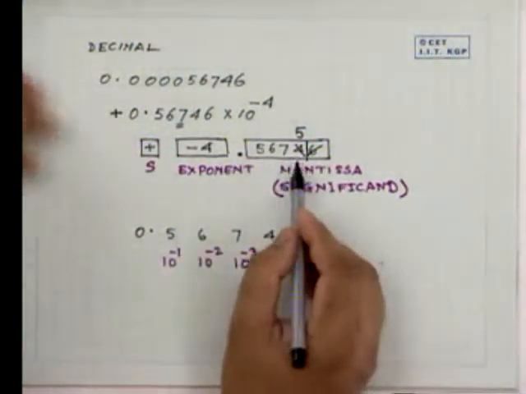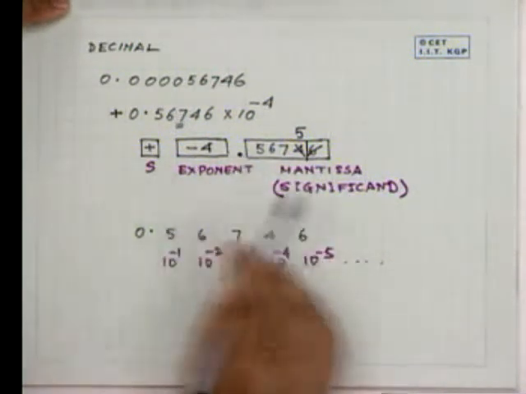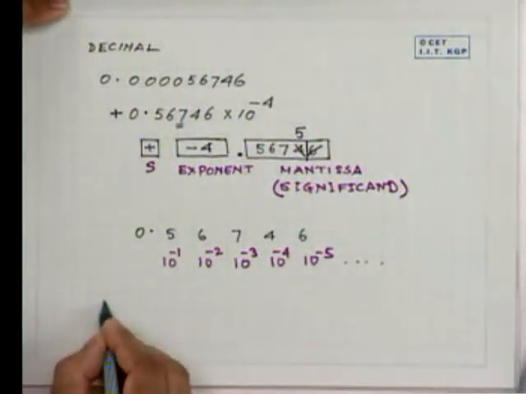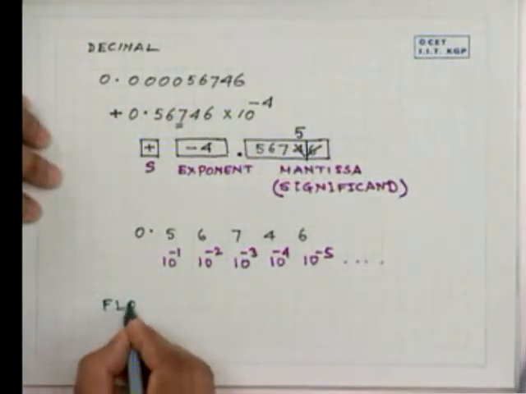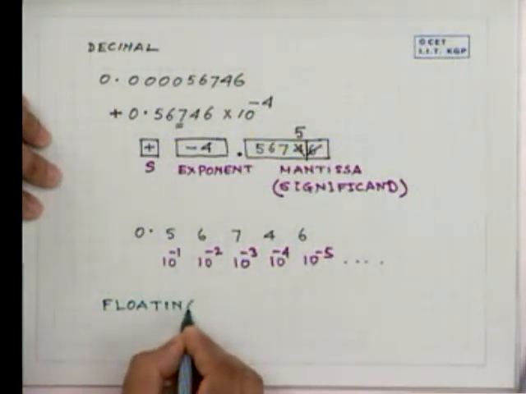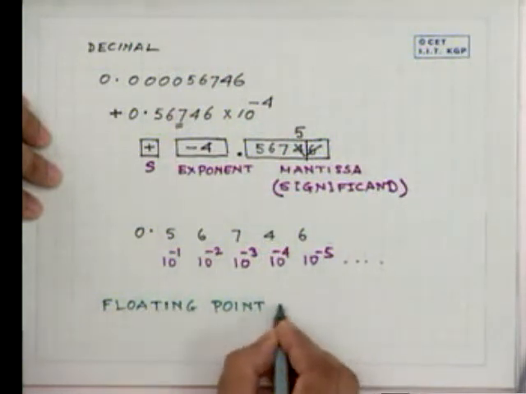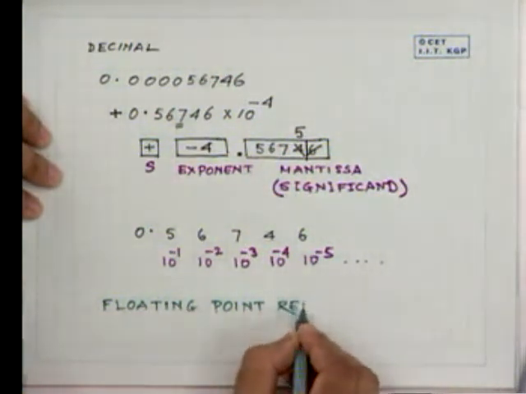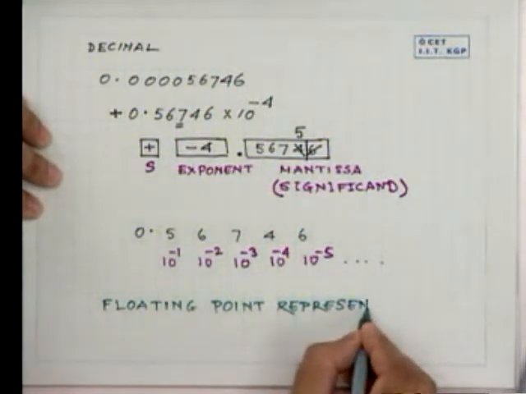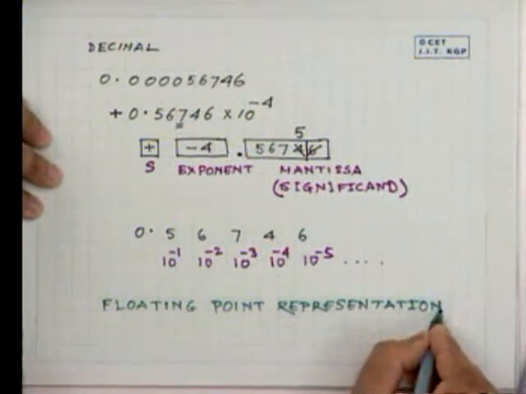Now, we call this a scientific notation. We also call this a floating point representation.